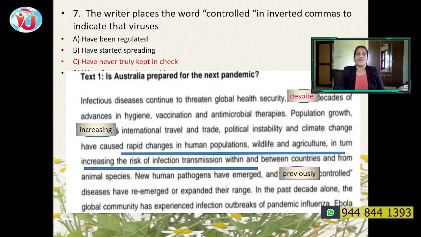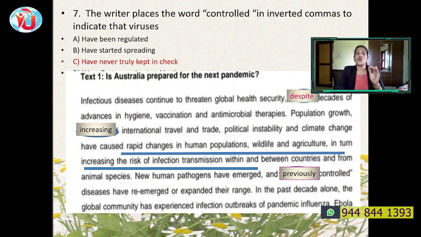Is it a reference, an opinion, an attitude, a question about details, or about vocabulary? When it says 'the writer', it is nobody else, they talk about the writer. 'Controlled' is in inverted commas. In reference as well as vocabulary questions, there will be a word which is underlined or put in inverted commas. So 'controlled' indicates, they are asking what it indicates, and they talk about viruses.